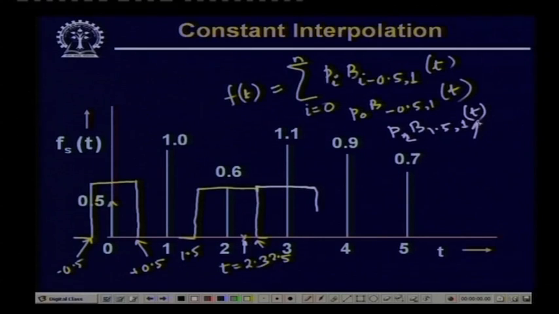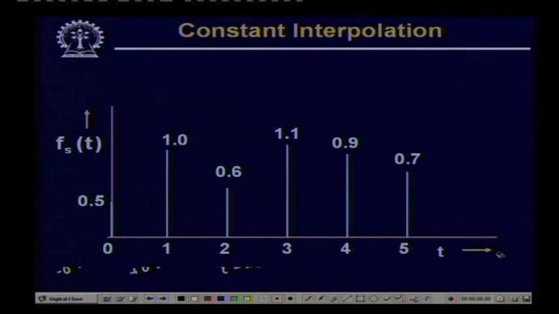So, here t is equal to 2.3, and the same will be applicable for any value of t in the range t equal to 1.5 to t equal to 2.5. So, I can say that using this formulation, what I am getting is the interpolation something like this.